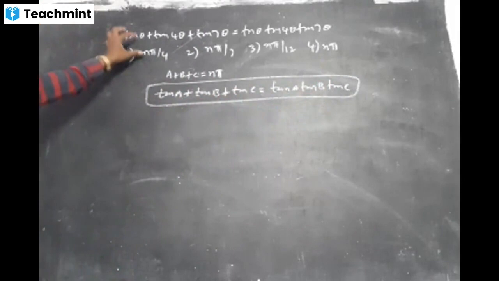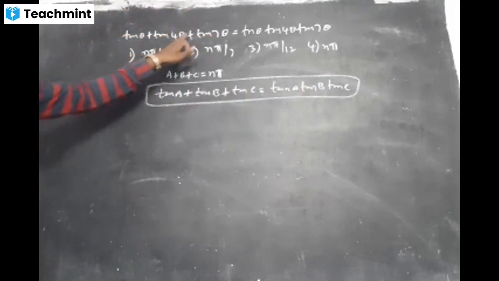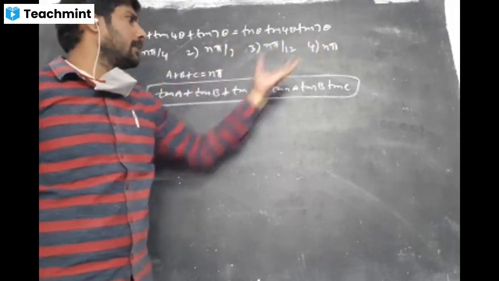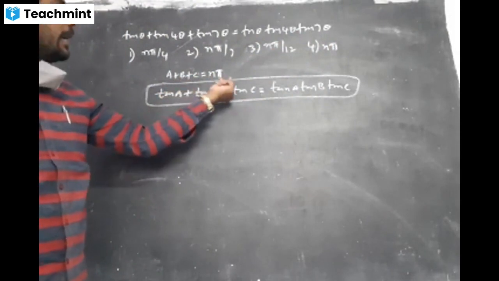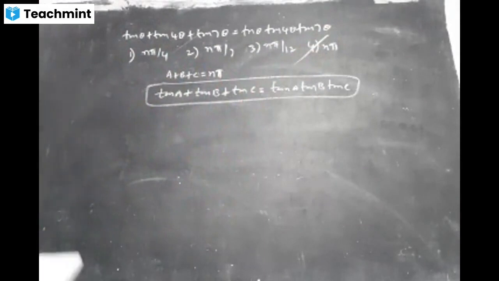Here observe this one: a value is theta, b value is 4 theta, c value is 7 theta. So tan a plus tan b plus tan c equals tan a into tan b into tan c. Here it is the same, so a plus b plus c is equal to n pi. So our value is n pi. Fourth one, n pi.